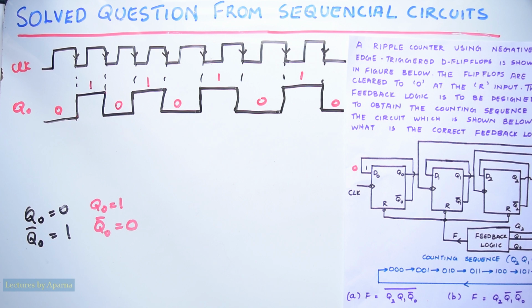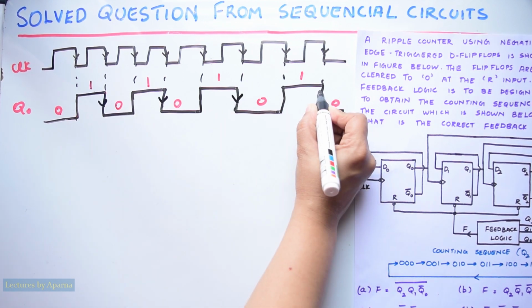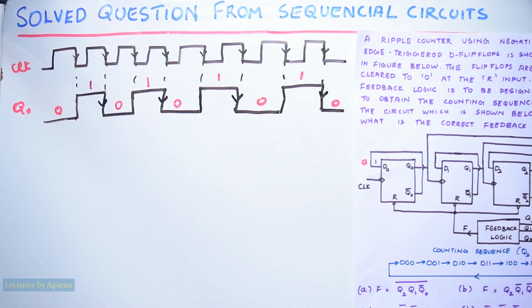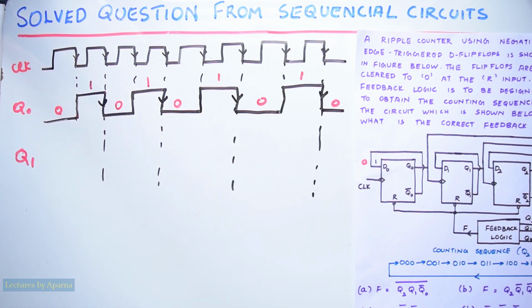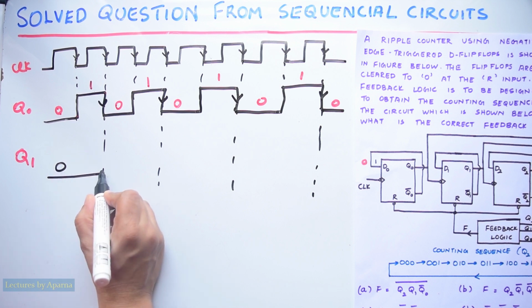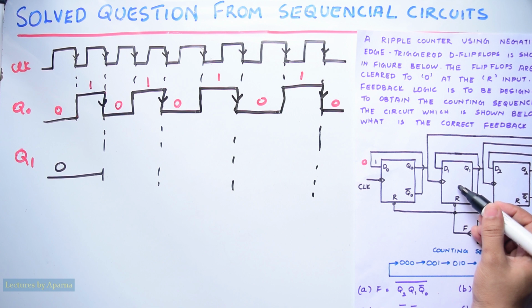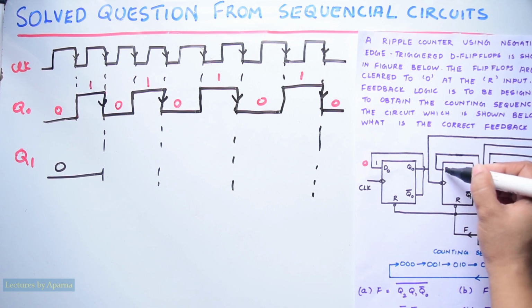Now let us see Q1. These are the negative edges of Q0, which is acting as the clock pulse for the next flip-flop. Initially the value of Q1 is 0. Now when the first negative edge comes, this flip-flop will toggle because Q1 bar is connected to D1.